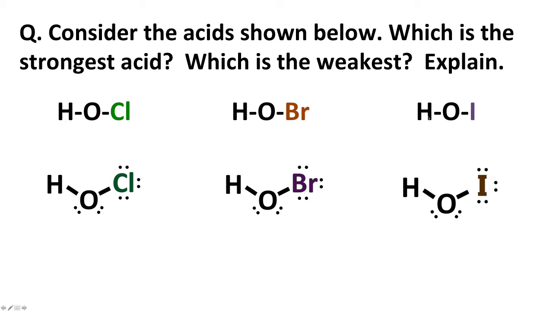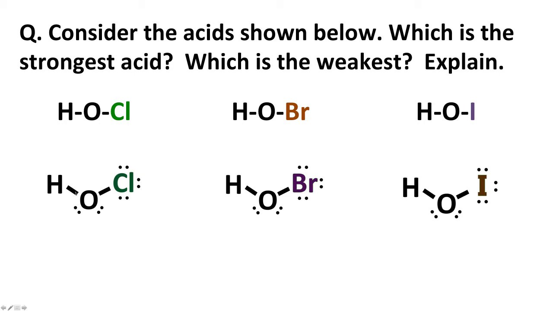So HOCl, here we're showing Lewis dot structures, HOBr and HOI, and what makes each of these acidic is that the bond between the H and the O can break, and an H+ can dissociate from this molecule.